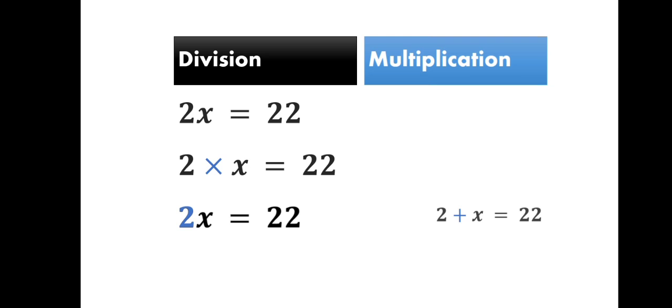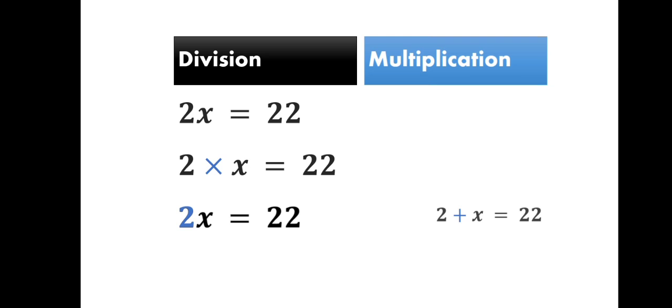I repeat, for a number to be considered a coefficient, it has to be bonded with an alphabet or a variable using the multiplication operation. So 2 is considered a coefficient in our equation on the left hand side, because 2 is bound with x by multiplication. But in the question on our right hand side, we cannot consider it as a coefficient.